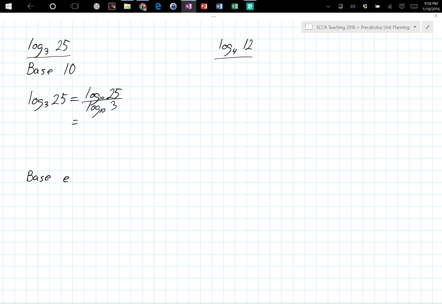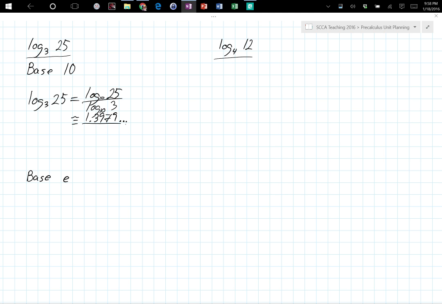So log base 10 of 25 is approximately 1.3979, and it goes on forever.